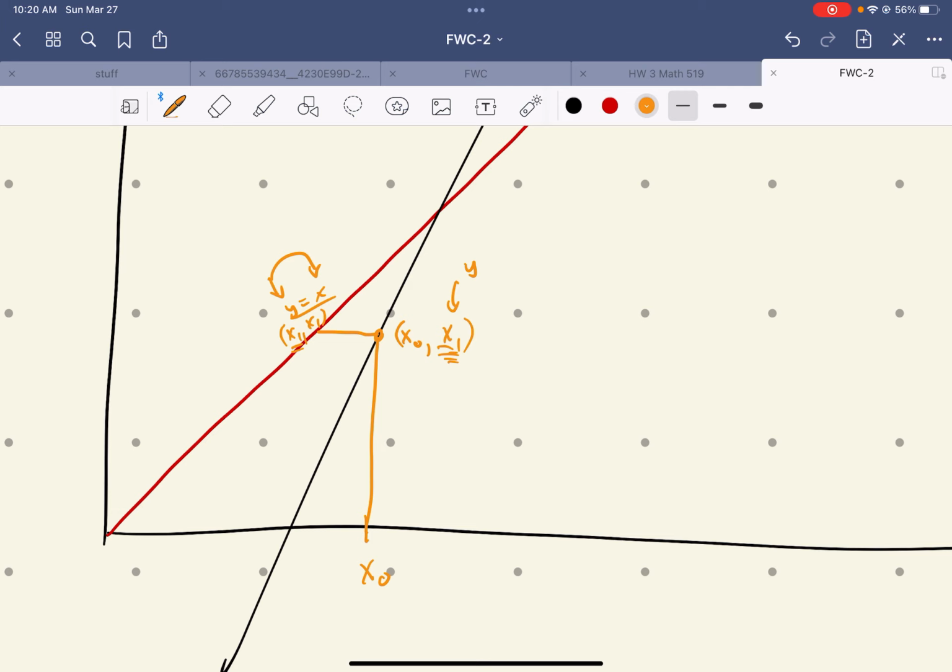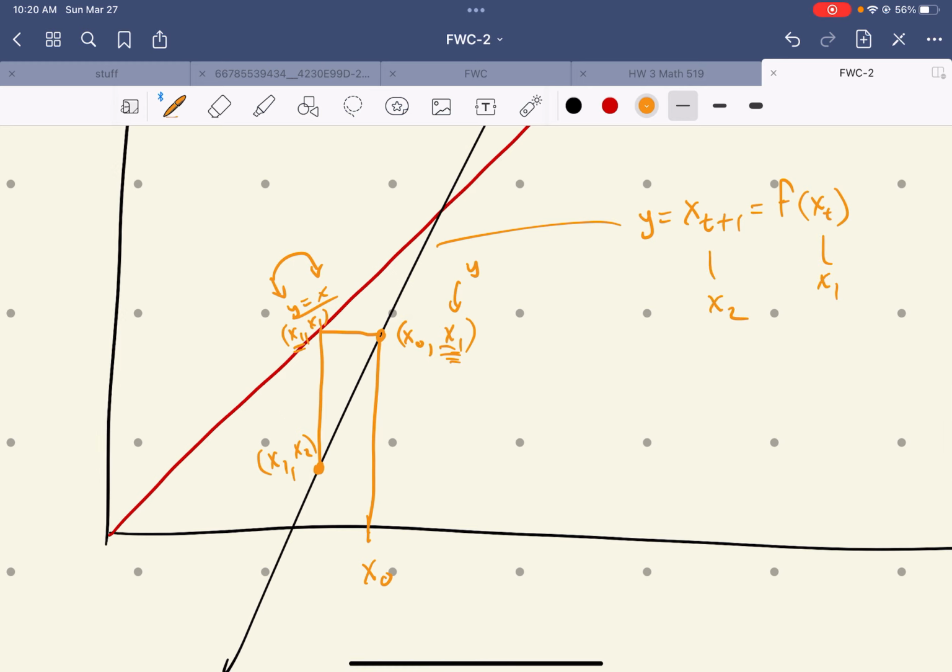It's the line y equals x, so they're the same. And then I go down here, boom, and so now vertical travel means I kept the x-coordinate fixed, so it's x2, but now since I'm on my updating function, the y value is your x sub t plus 1, and the way you got that was by plugging x sub t into your function. So if I plug in x1, my output is x2, right? And that's what this is saying here. So anyway, and then I come over here and so on and so on.